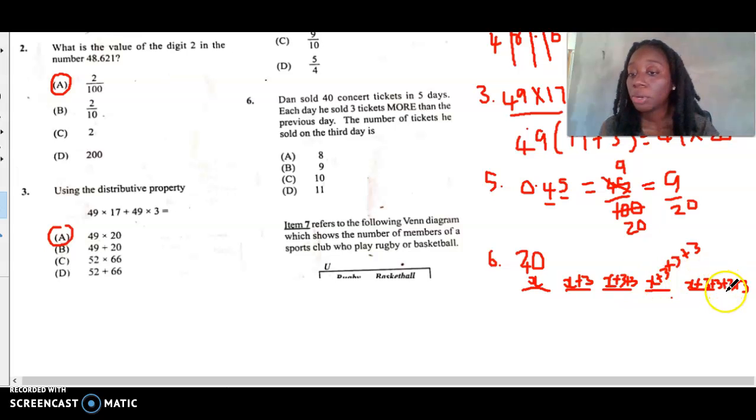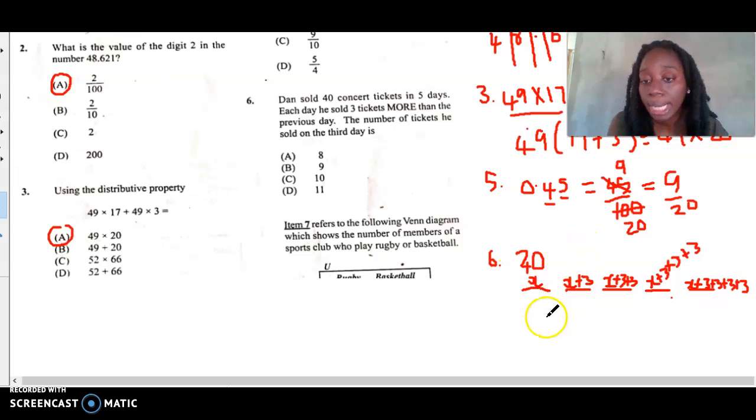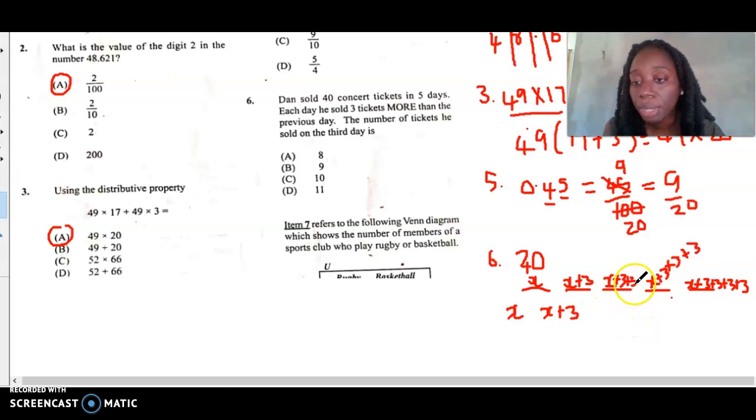On day 5 he sold 3 more than day 4. So I can simplify this: day 1 is X, day 2 is X plus 3, day 3, 3 plus 3 is 6, so X plus 6.